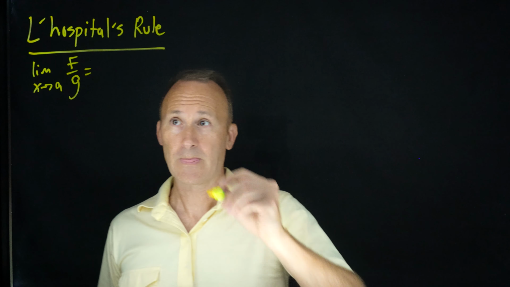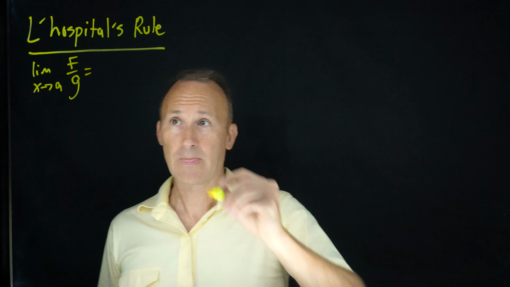So L'Hôpital's rule says, let us just take the derivative, not of the quotient, but of the sine of x, that's cosine of x, and of x, which is 1, and now it's easy, you can plug in 0, you get 1 over 1, which is 1. So that is L'Hôpital's rule in action.